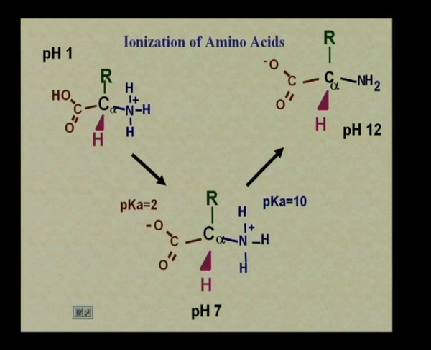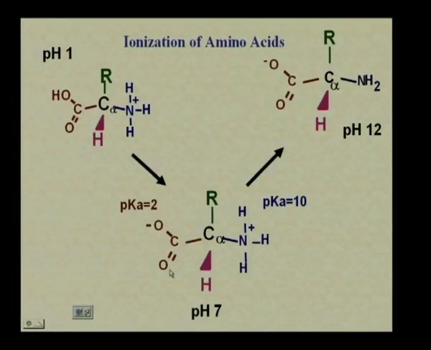It is the carboxylic acid one. So, at a pH of 7, I have lost this. So, I am no longer C double bond OOH, I am now COO minus. But the amine group does not lose its proton at this pH.